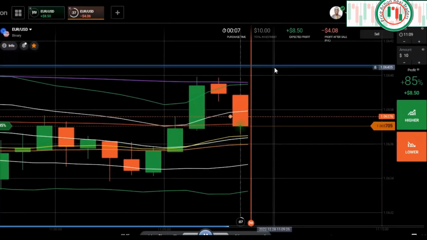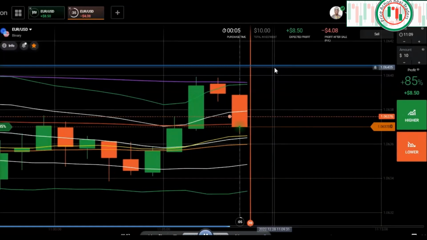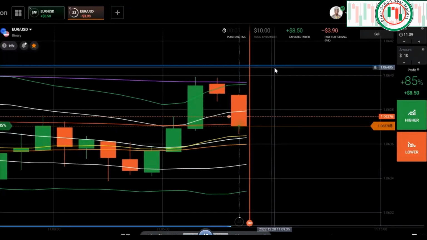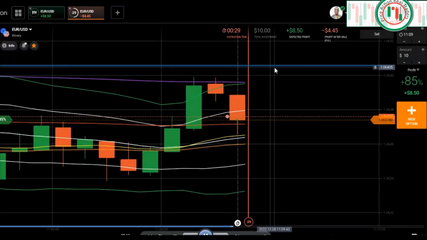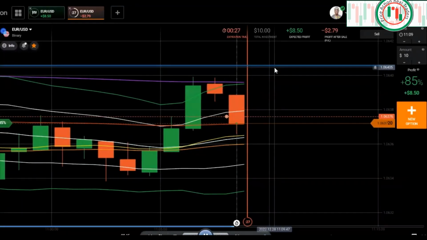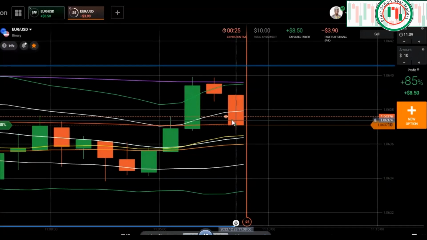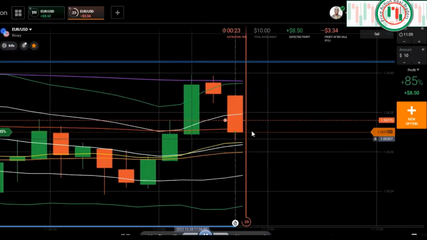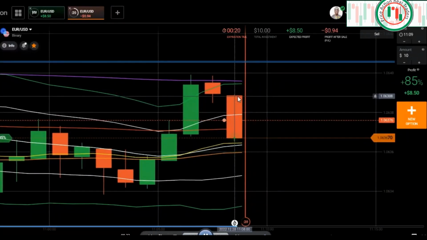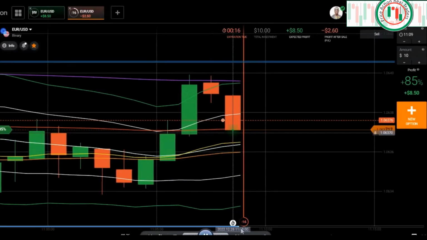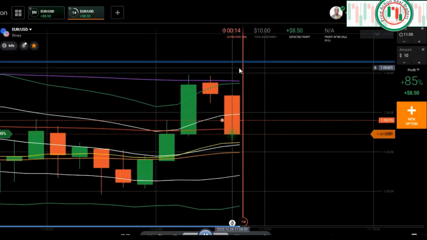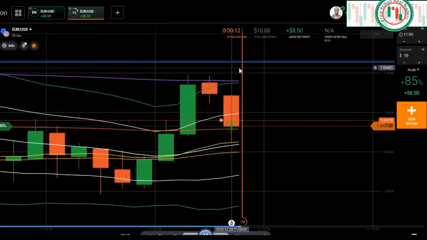But I know market is creating a huge candle. If you can observe, this green candle is very strong, so you should expect a strong red candle here. That's why it's very good to get a good entry point, but sometimes market will not allow you.